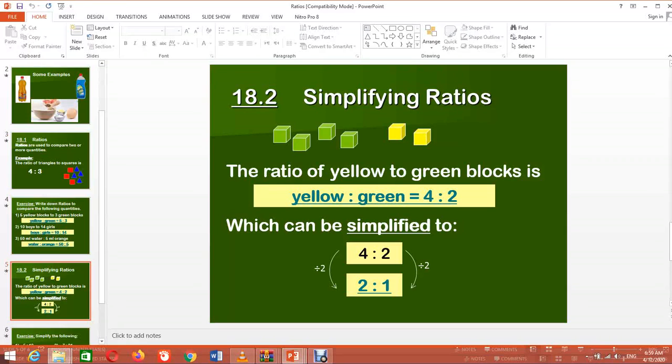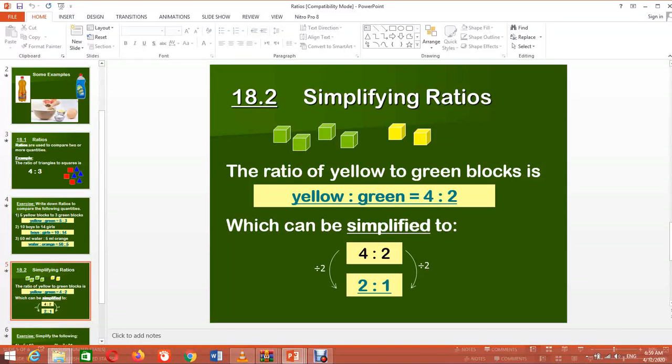The ratio of yellow to green blocks is: how many yellows do we have on the screen? There are 2. And how many green do we have? There are 4. So the ratio of yellow to green is 2:4, not 4:2, because yellow is 2 and green is 4.